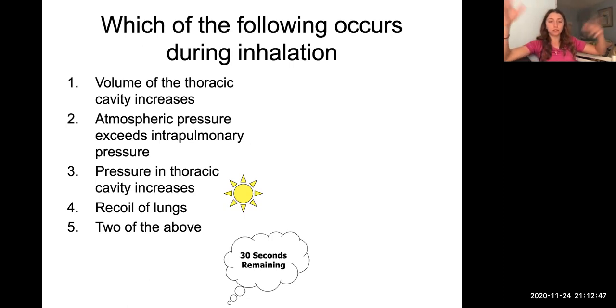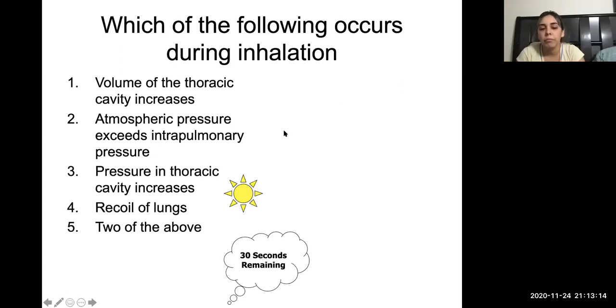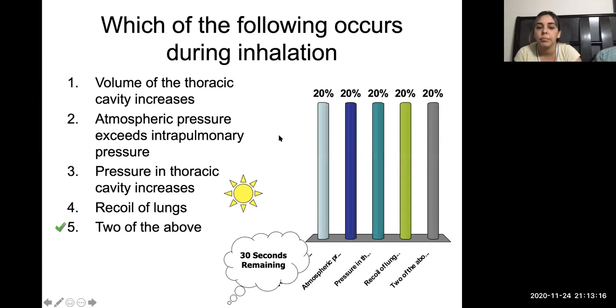Once gas exchange occurs, your thoracic cavity decreases as you exhale. Your pressure goes up because your muscles and thoracic cavity come down, and this causes air to move from high pressure inside your lungs to low pressure outside. So the answer should be two of the above.